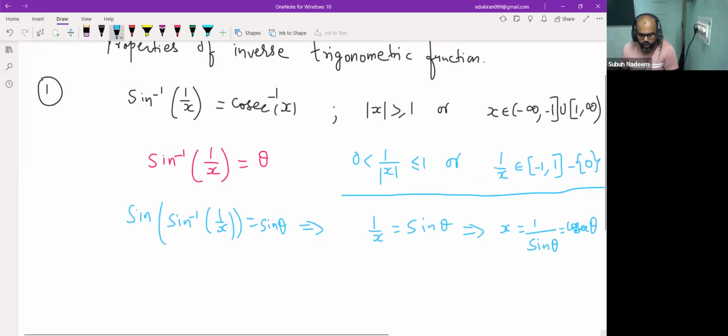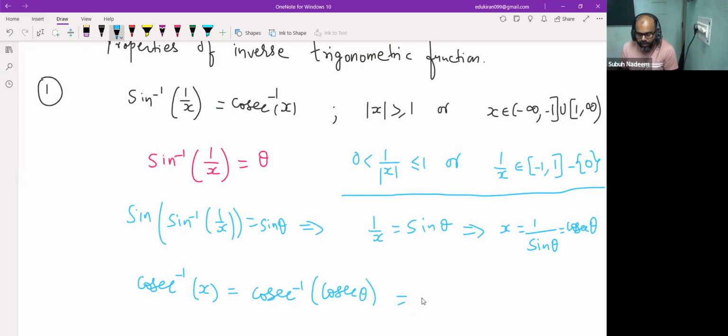Now, if we take cosec inverse on both sides, this will be cosec inverse cosec theta, and this will be theta. But why will it be theta? Because the principal value range is the same for cosec and sine. Okay, so this is how we can write it.